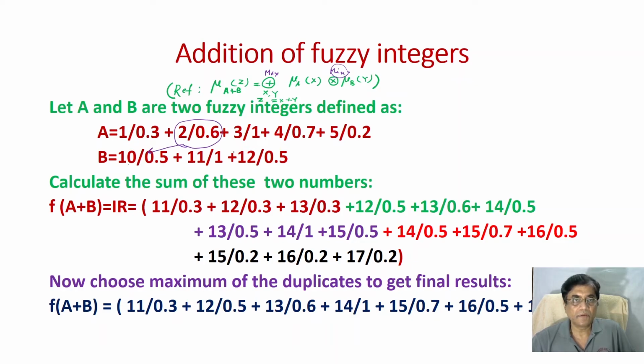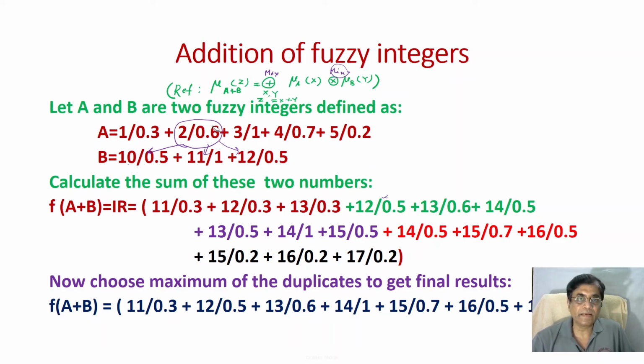So I have 2 plus 10, 12, and out of 0.6 and 0.5, I take 0.5. So this one is there. Then add this with this, add this with this. So 2 plus 11, 13, and 2 plus 12. So you have got it now, right?